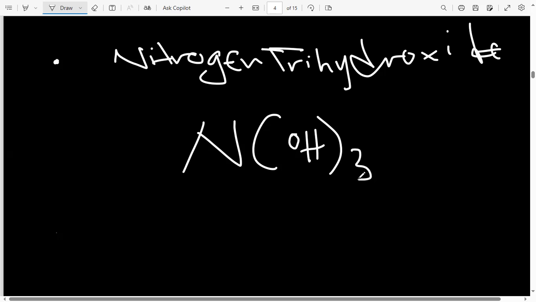Hydroxide. Okay, so we have two answers there. We have that one, and then we have this one. Okay, so what is the difference between these two elements?